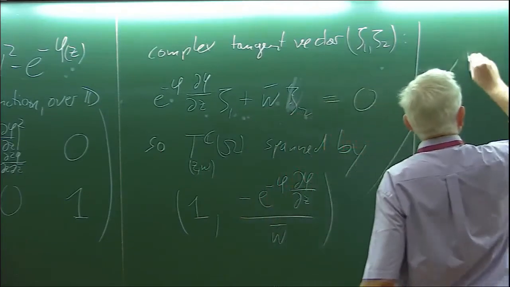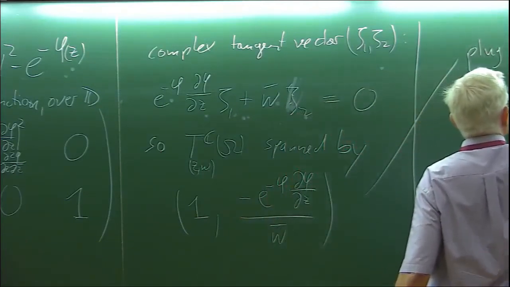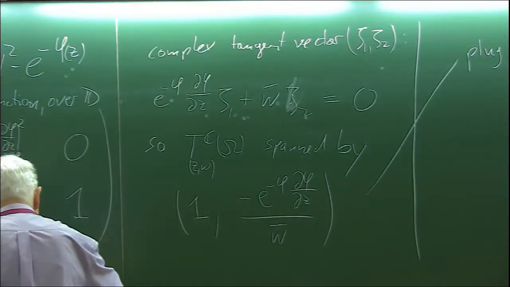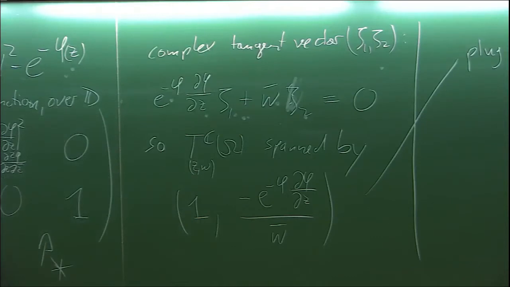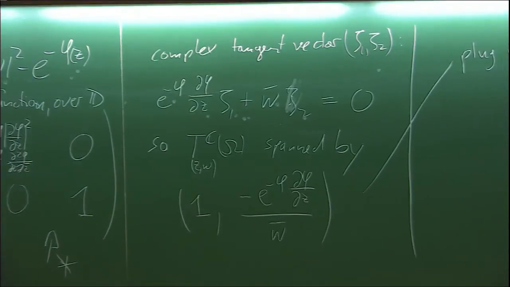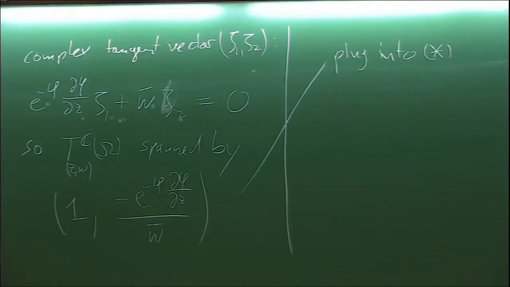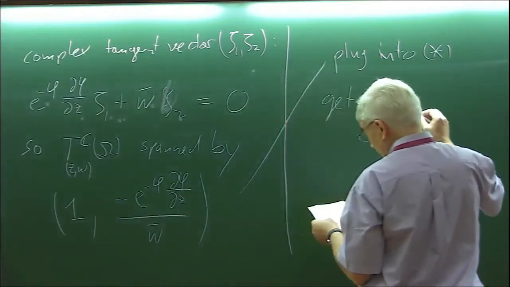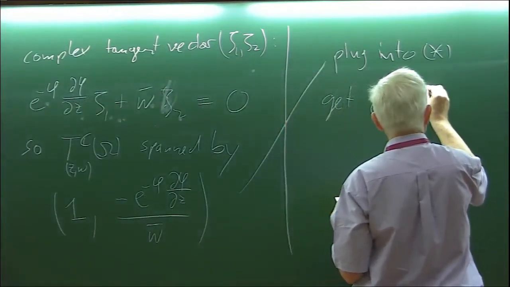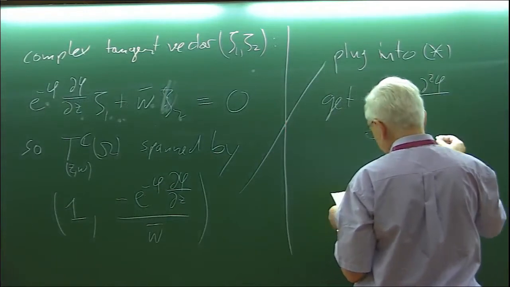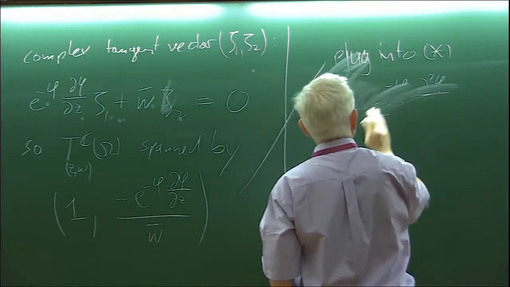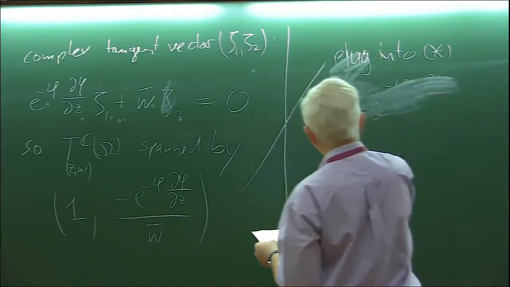So plug into, let's call it star, and well, you just do that, then you compute, and what you get is e to the minus phi d square phi. Oh, well, there's a point one should consider here, so let me write out the whole thing.